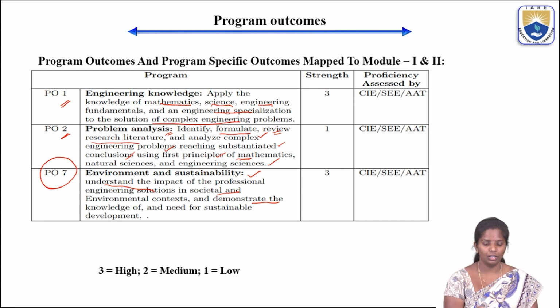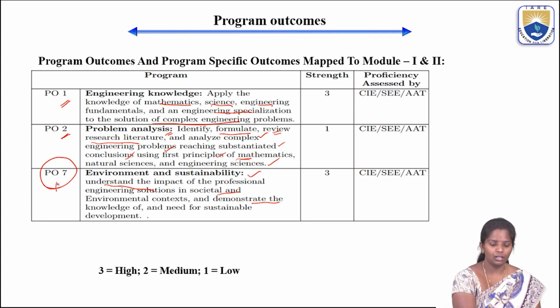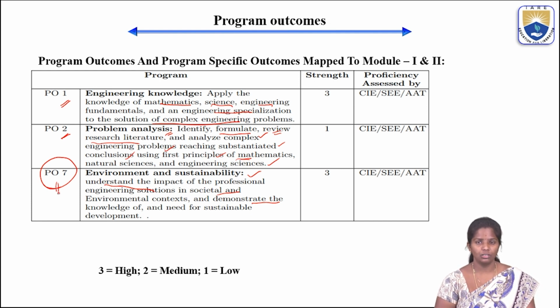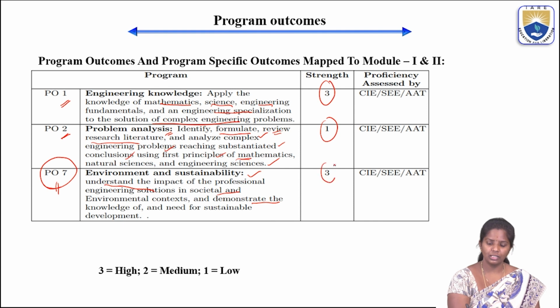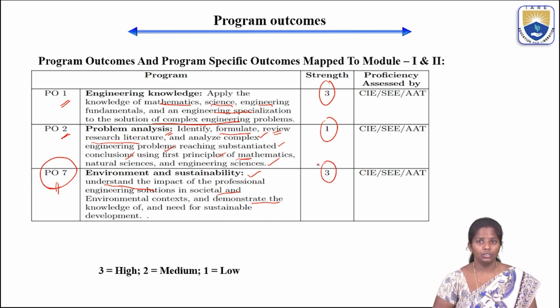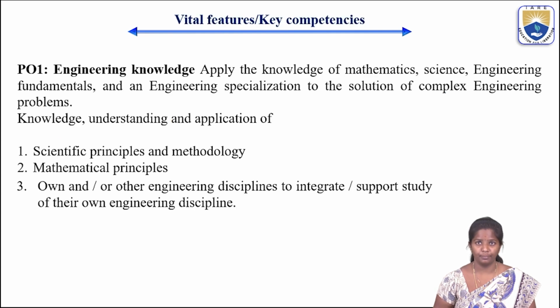So this is how we will be mapping these program outcomes with the course outcomes. The strength is calculated, so we will see in detail how this strength is calculated, which indicates the importance of that particular topic.